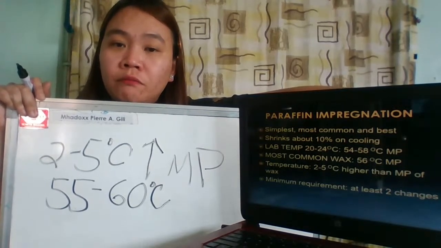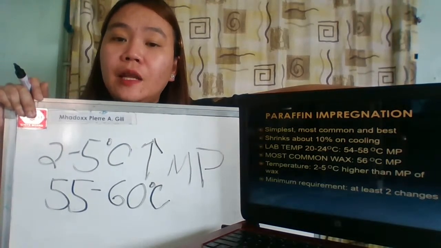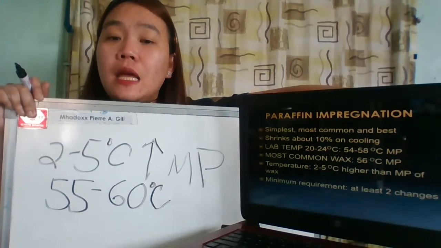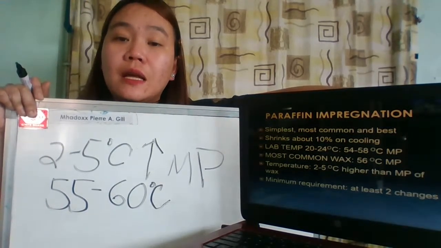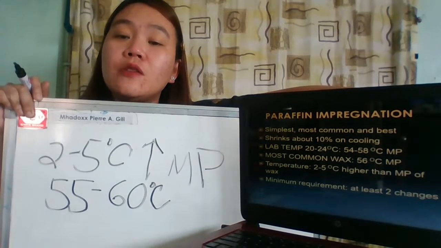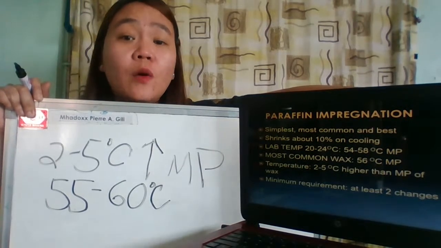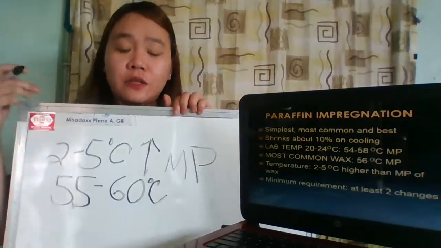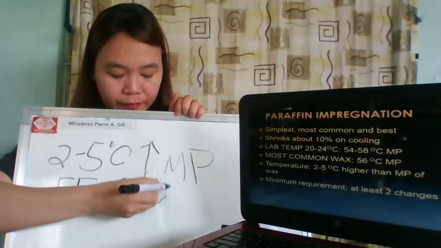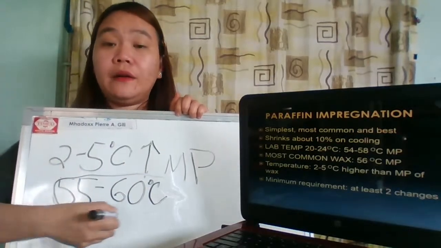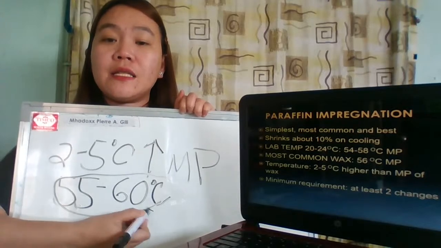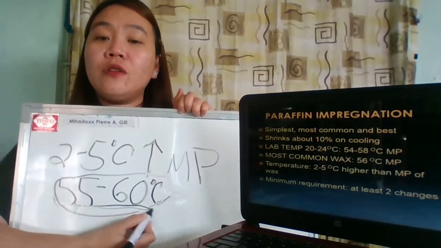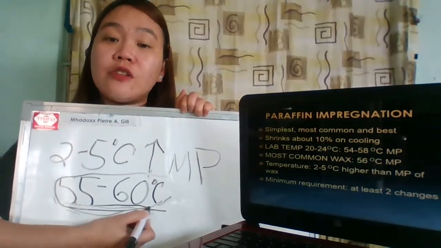B, 5 to 10 degrees higher than the melting point of the wax. C, 55 to 60 degrees Celsius. D, 60 to 65 degrees Celsius. Then what is the best answer? The best answer is this one. Okay? The best answer is 55 to 60 degrees Celsius.